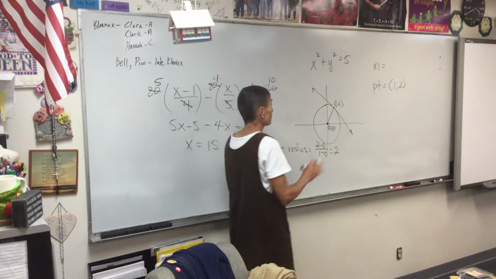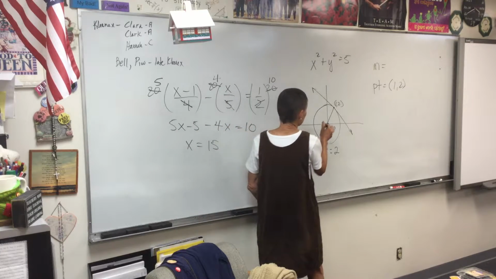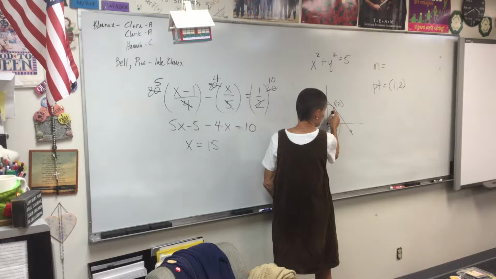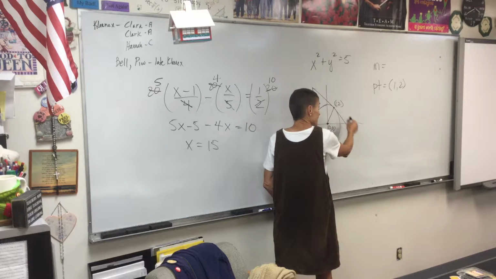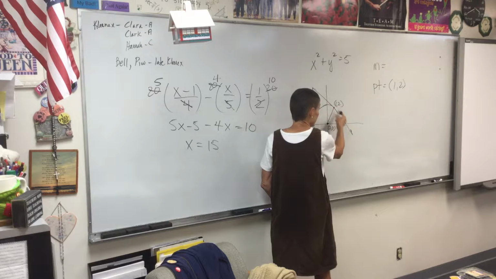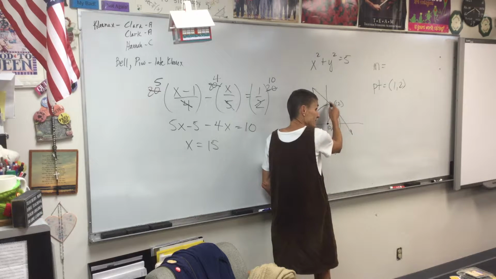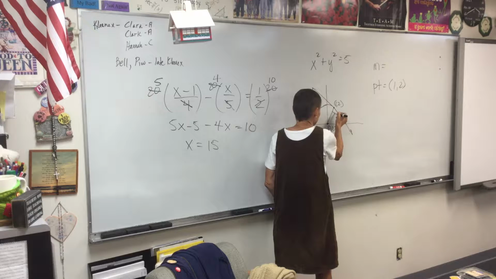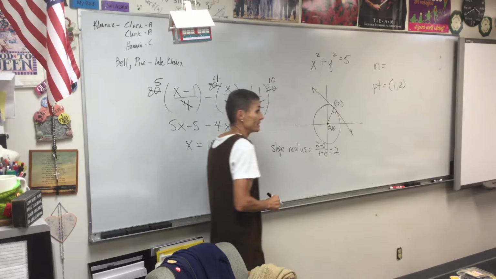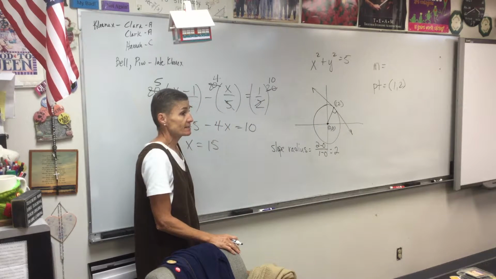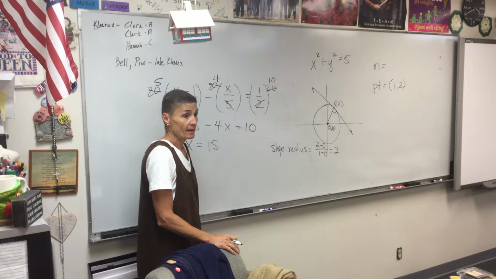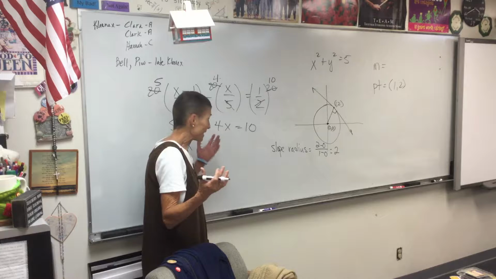Now we need from geometry to remember that there's a very special relationship between a radius and a tangent. You remember what that is? They are perpendicular. Always. A radius and a tangent are perpendicular at the point of tangency. Now what does that do for me?